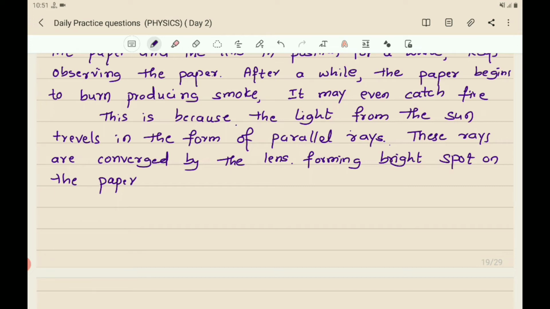When a high intense parallel beam of light falls on a convex lens, it converges and meets at the focus on the other side of the lens.